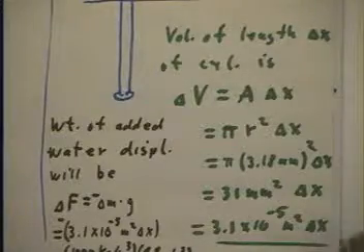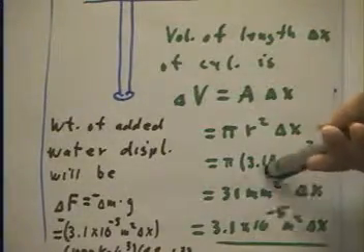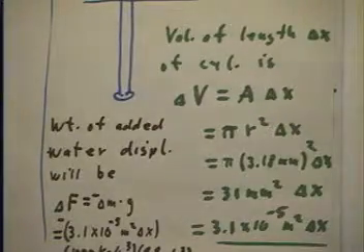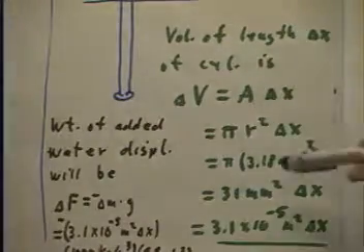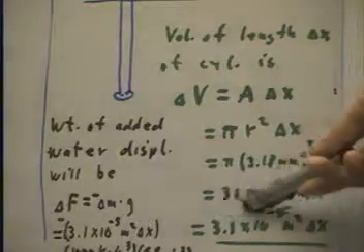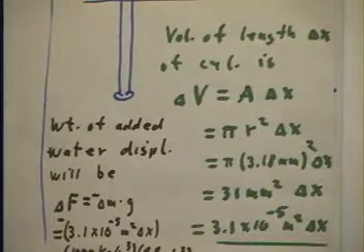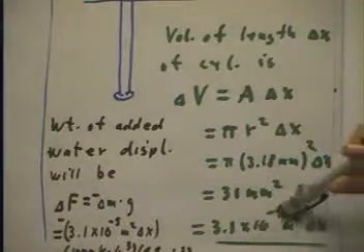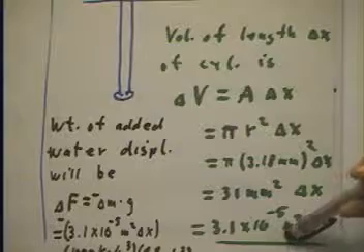And we get 31 square millimeters, which is the cross-sectional area, times delta x. It takes a million square millimeters to make a square meter. When we do a conversion, we see that this is 3.1 times 10 to the negative fifth square meters times delta x.